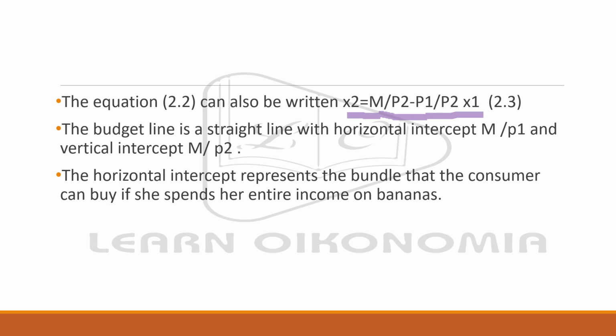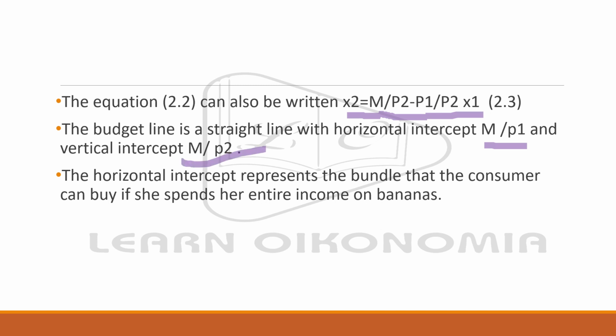And the budget line is actually, as you have seen in the previous slide, just a straight line with a horizontal intercept which would be equal to m by p1 and a vertical intercept which would be equal to m by p2.